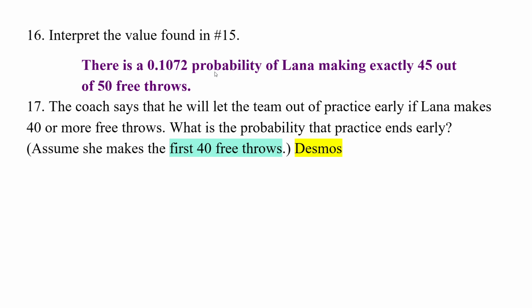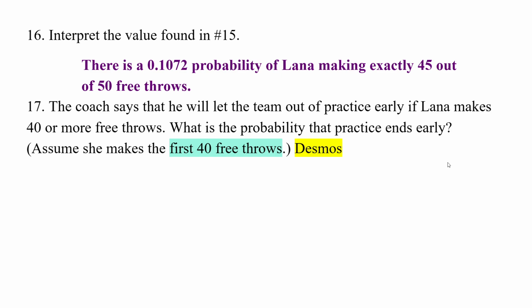So if it's decimal, we put probability, and obviously if it's percent, you put the percent sign, depending on how you're wording that. So we have a 0.1072 probability of her making exactly 45 out of 50 free throws, or a 10.72% chance of her making exactly 45 out of 50 free throws. Words are hard today, apparently.